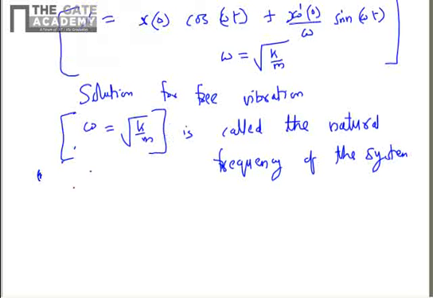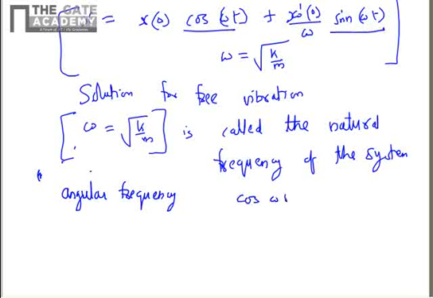Actually this is the angular frequency, and to calculate the natural frequency in real domain, we will see the equation here. The displacement equation consists of terms cos omega t and sin omega t. Now we know that the cosine and sine functions have a period of 2 pi.